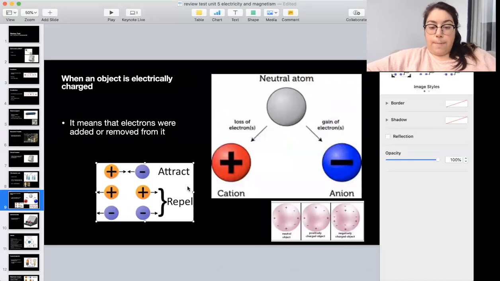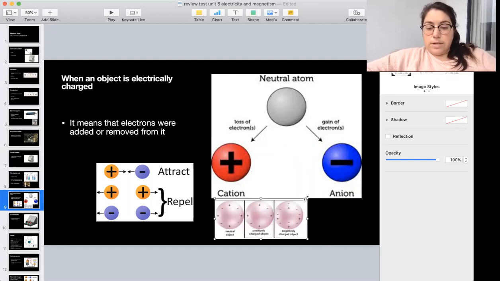Okay, now we're gonna talk about atoms and what it means when an object is electrically charged. When we say that something is electrically charged, it means that either electrons were added or removed from that atom. If it gained electrons, that atom becomes negative. And if it lost electrons, that atom becomes positive, okay?